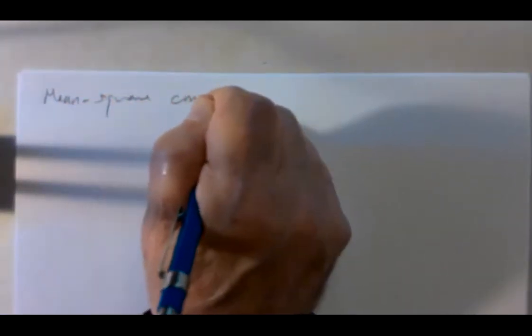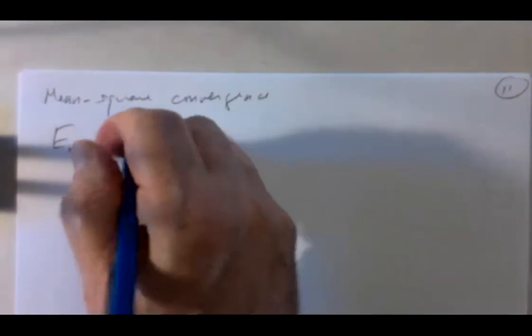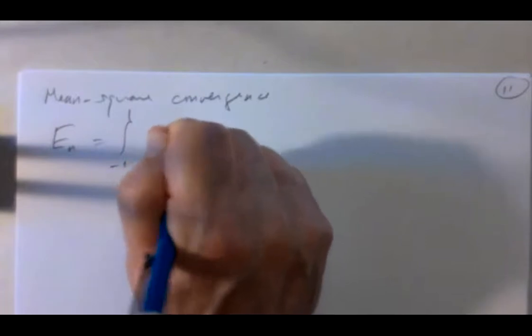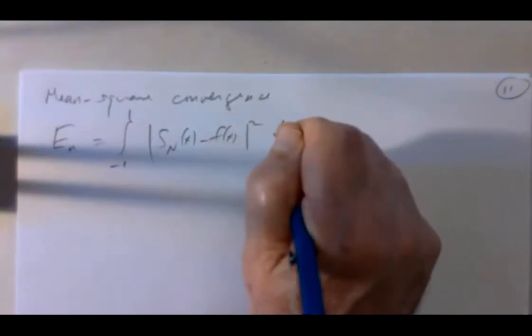What about the third type of convergence, mean square convergence? So in this case, we need to look at capital E sub n, which is the integral from -1 to 1 of Sn of x minus f of x squared.